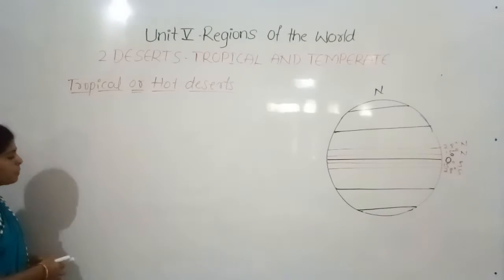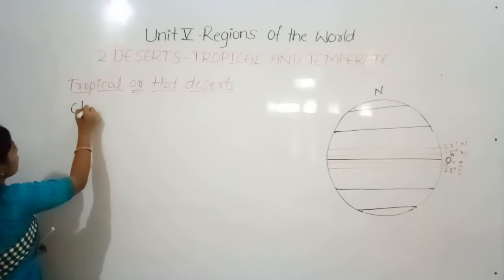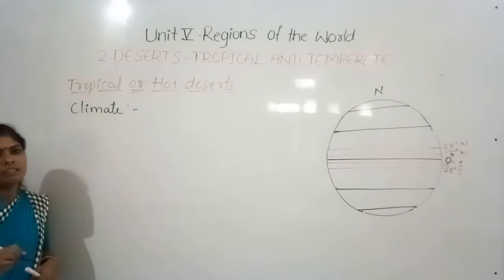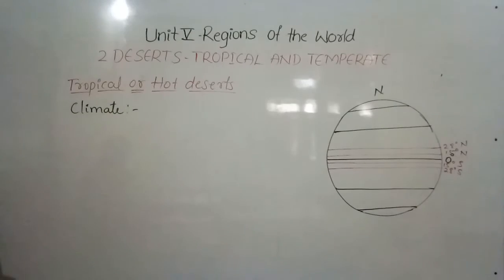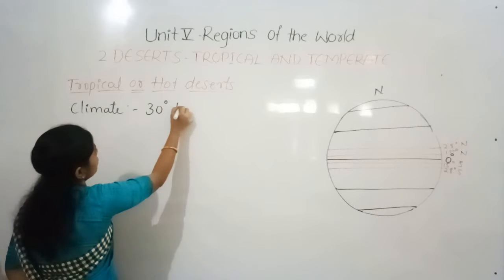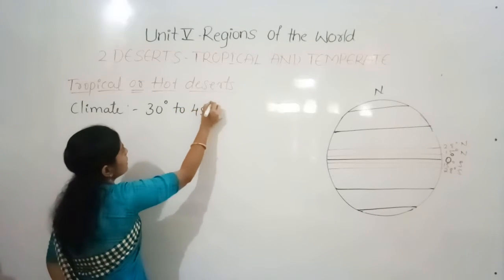And during the summer, the temperature generally ranges from 30 degrees to 45 degrees Celsius.